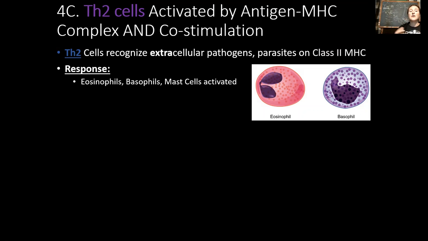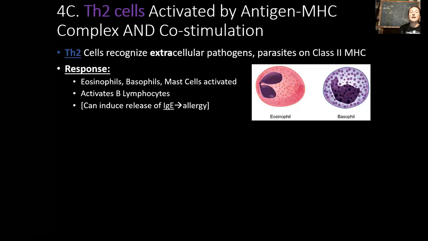That response is to activate particular components of the immune system, such as eosinophils, basophils, and mast cells. Remember that these guys are granulocytes. These granules are filled with different inflammatory compounds. And so that is very fitting for extracellular pathogens.